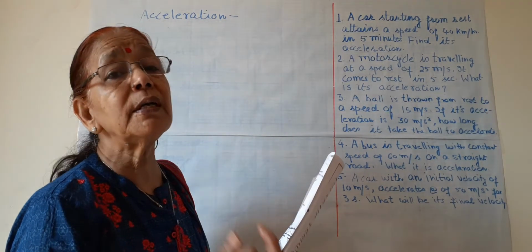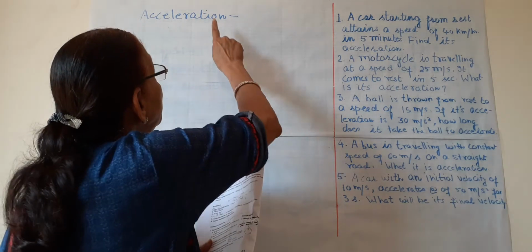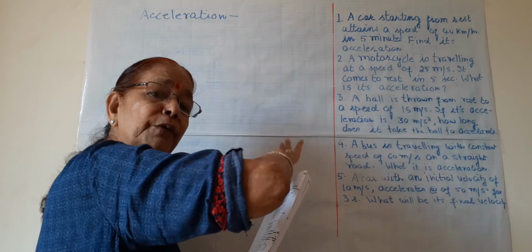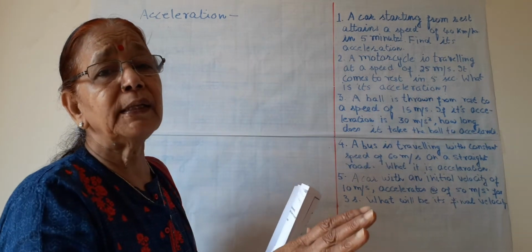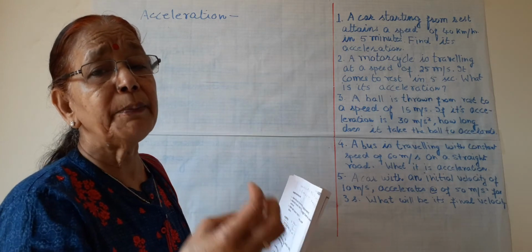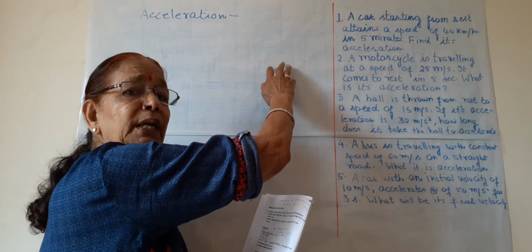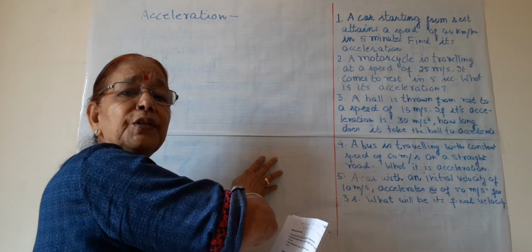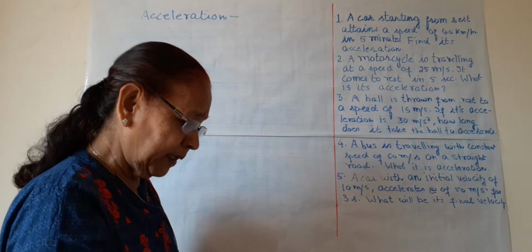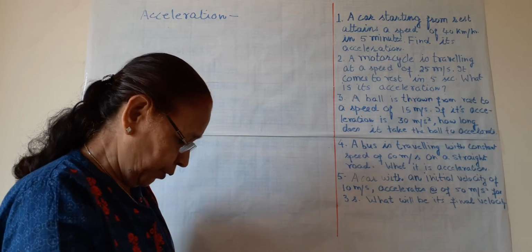When the motion is uniform, there is no acceleration. When non-uniform motion is there, then only there is acceleration. And non-uniform motion depends on three things: change in speed, change in direction, or change in both. I think now it should be clear to all of you.